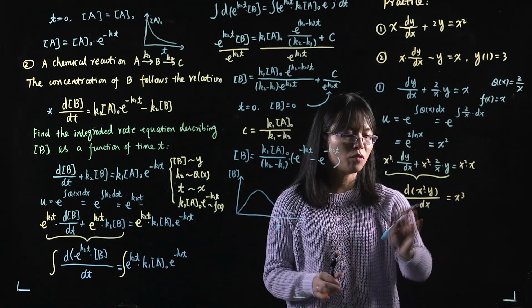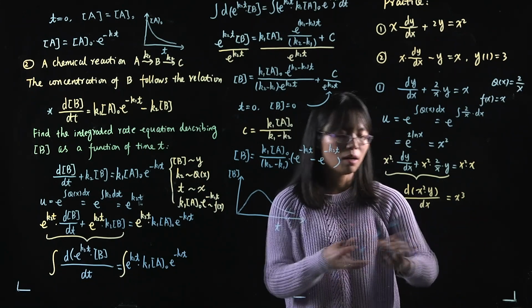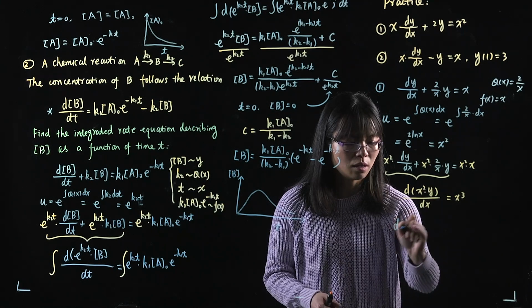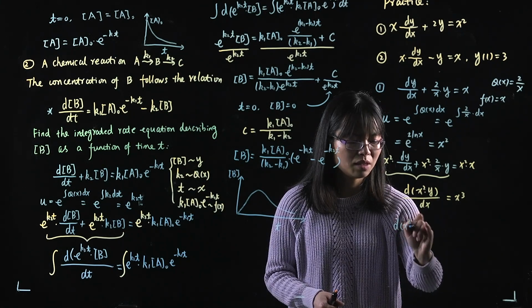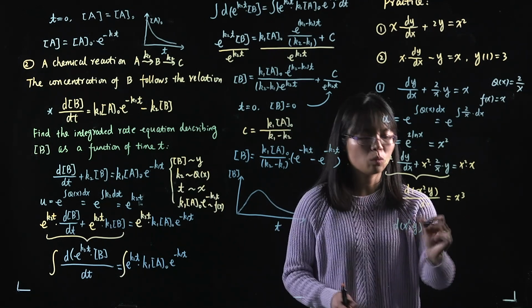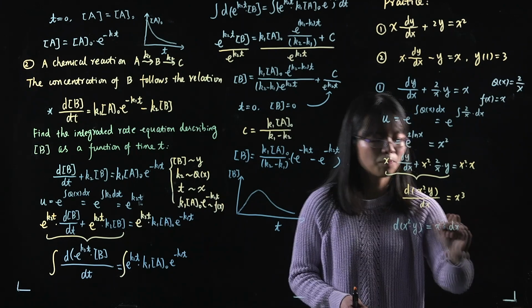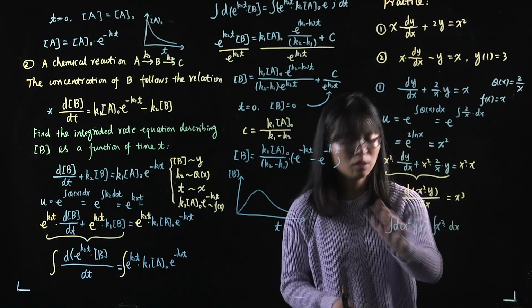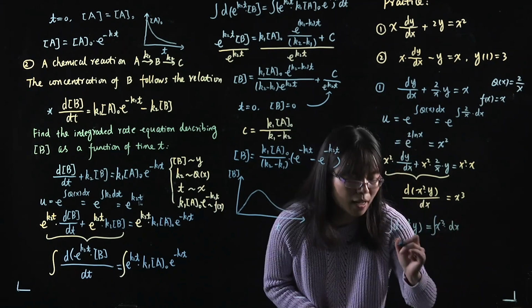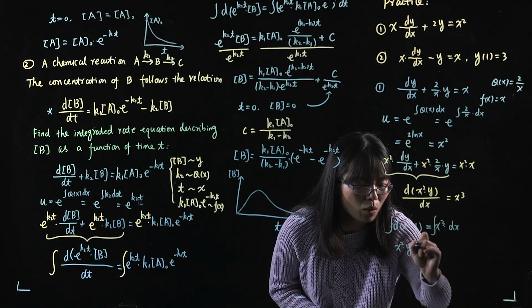Okay, if I move the dx to the other side of the equation, I can do the integral. On the left-hand side, I got x squared times y. On the other side, I got x cubed times dx. I go ahead and do the integral. After I do the integral, I got x squared times y on the left-hand side.